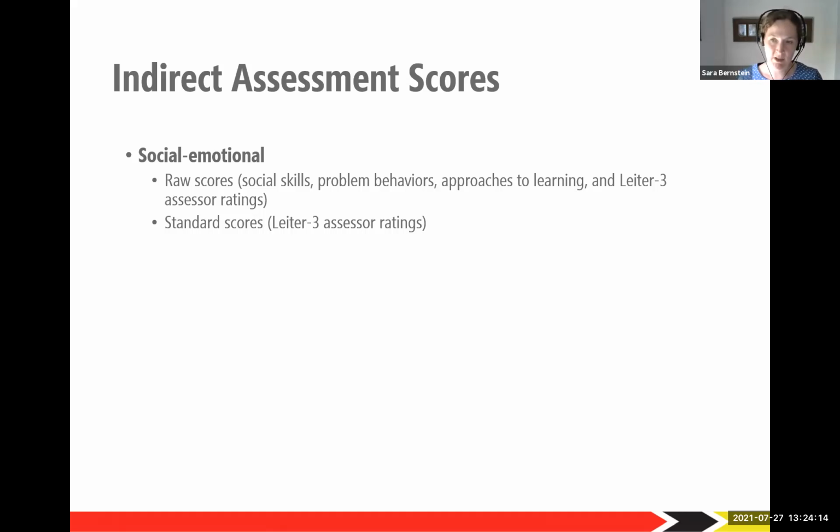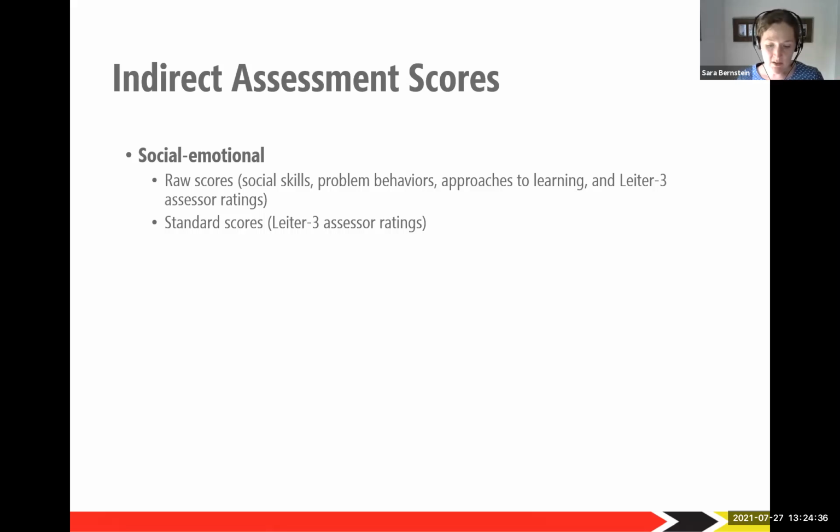Similarly, teacher reports of children's emergent literacy were added, with some scores providing account of a child's early literacy skills. And then teacher-reported scores on approaches to learning were calculated as the mean of items and indicate the frequency with which the statements for that skill reflect a child's behavior.